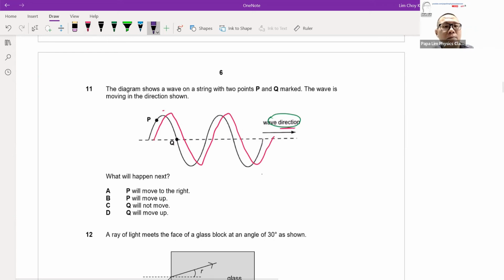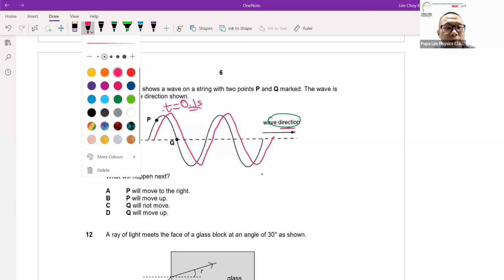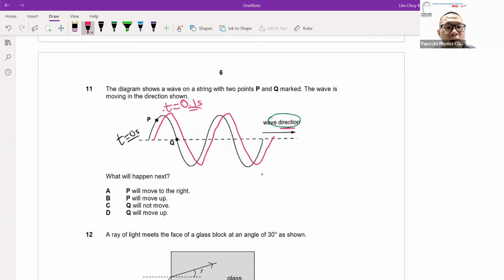For example, if the black one is time equal to 0 second, the red one could be time equal to 0.1 second. As we all know, particles can't move along; they only vibrate about their fixed position. So at this junction here, originally P was at this location, and now at 0.1 second later, P is here.